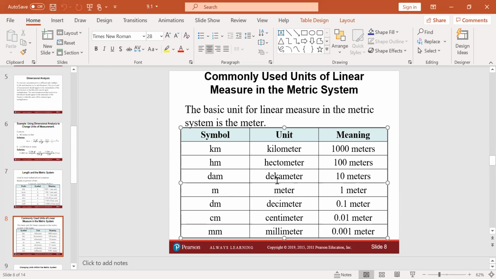But then we can go up and we can say a decameter is 10 meters. A hectometer, which you probably won't use often in reality, is 100 meters. And then a kilometer is 1,000 meters. And a kilometer for them is kind of how they measure long distances that people travel, like by car. Just like we use miles, they use kilometers, although 1 kilometer is not the same as a mile.